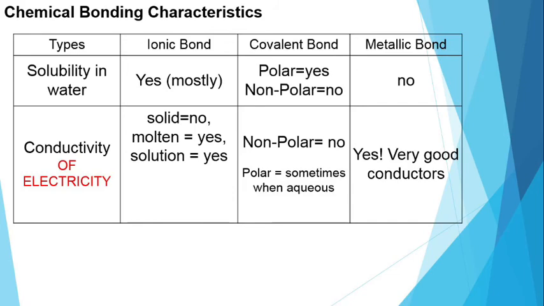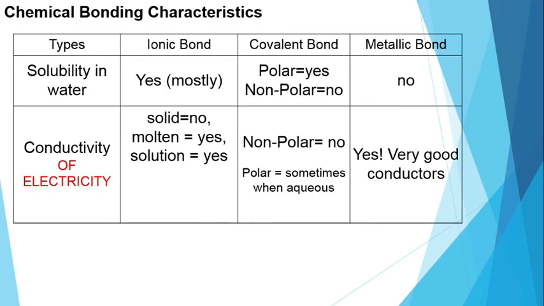And back to solubility, will it dissolve in water? Ionic substances, mostly yes. Covalent, if it's polar, yes, it should. If it's nonpolar, it shouldn't, it won't. And then metals tend to not dissolve in water. Sometimes they react with water, but they don't necessarily dissolve and just separate into separate atoms.